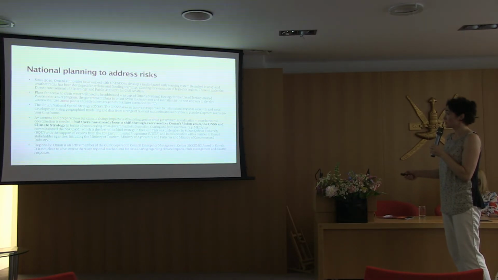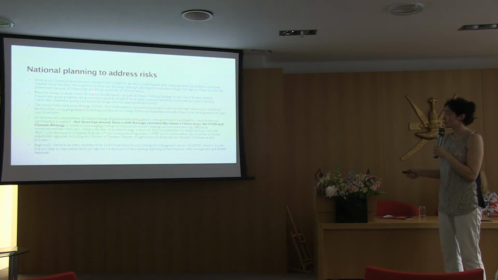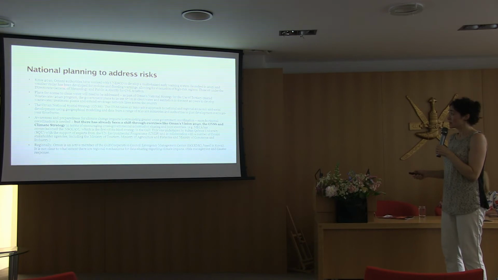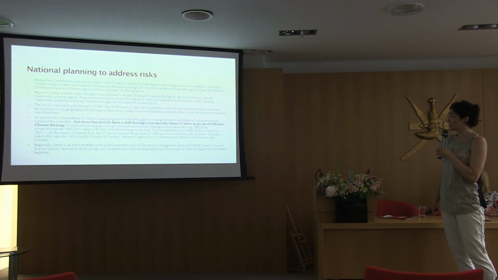I won't read all of these, but we were impressed that since 2010, following on from Cyclone Gonu, Omani authorities have worked with UNESCO, the World Heritage Organization, to develop a multi-hazard early warning system, which was launched in 2015, and weather radar has been developed for cyclone and flood warnings, allowing for evacuation of high-risk areas, and the Directorate of General Meteorology and Public Authority for Civil Aviation oversee those.